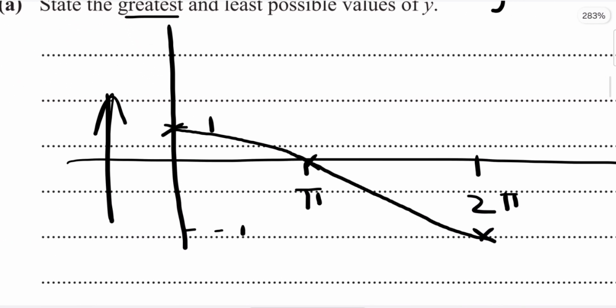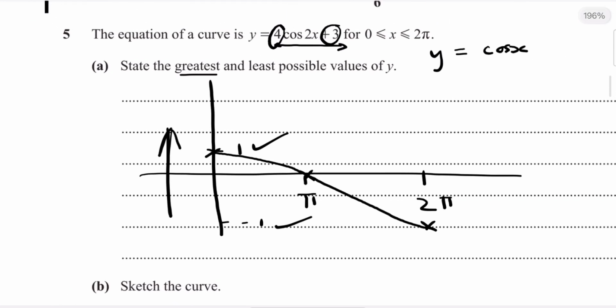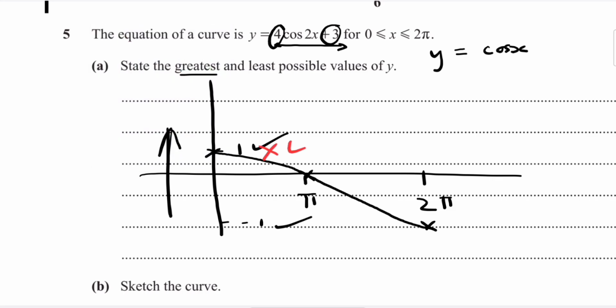So if we started off with 1 and minus 1, and there was a vertical stretch of factor 4, it's like multiplying these by 4. We're now at 4 and minus 4. That's our new range after the stretch.